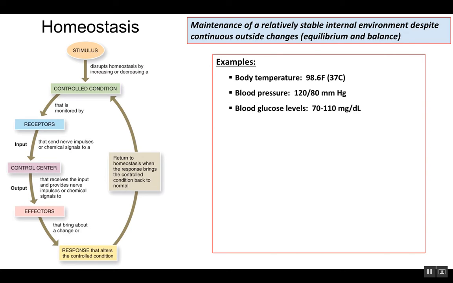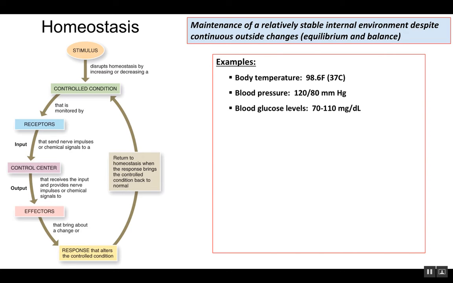What's another example? Blood sugar. This is the normal range we should be at when we're fasting. Okay, now it'll go up after a meal, but we don't want it to stay high. We want to be able to bring it back down. If we've gone hours without a meal, our blood sugar will be low.